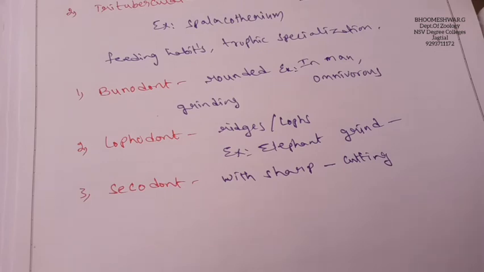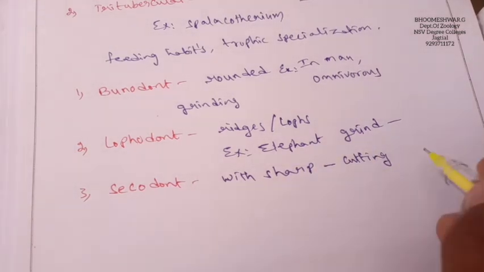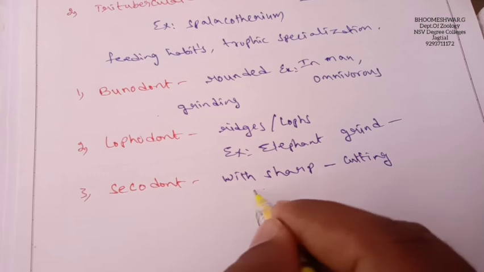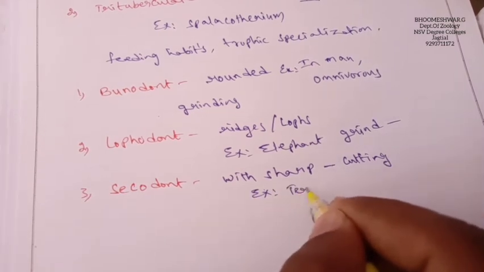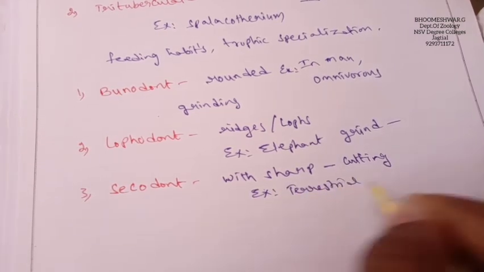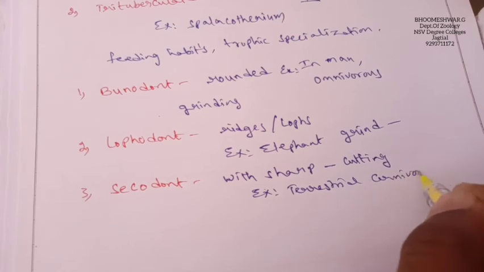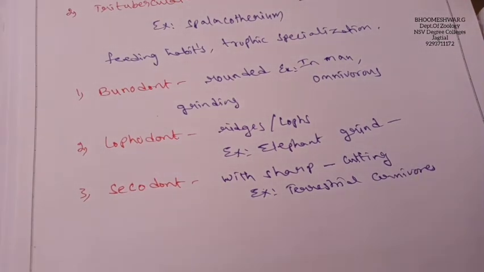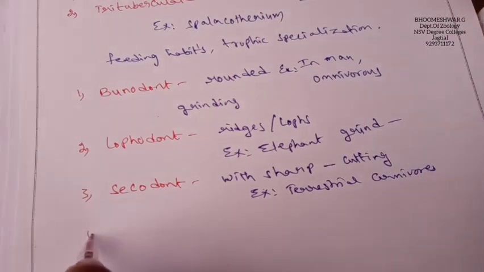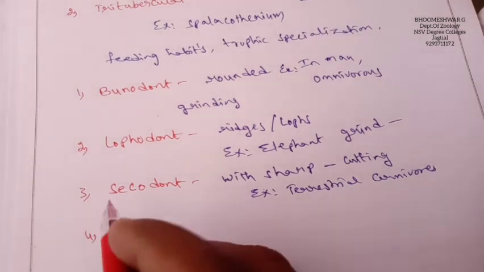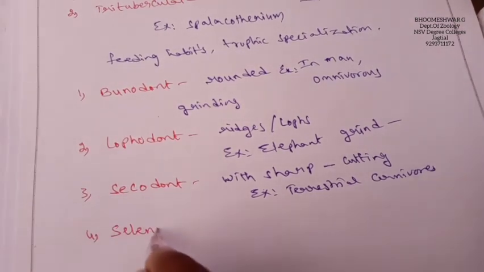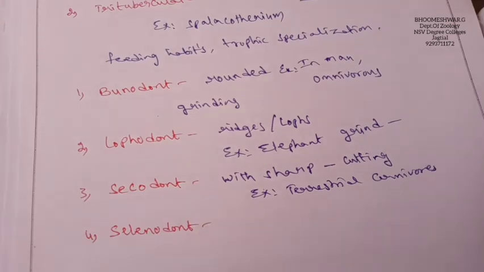Suitable examples are terrestrial carnivores, which have secodont cheek teeth. The next, fourth type is called selenodont cusp pattern.